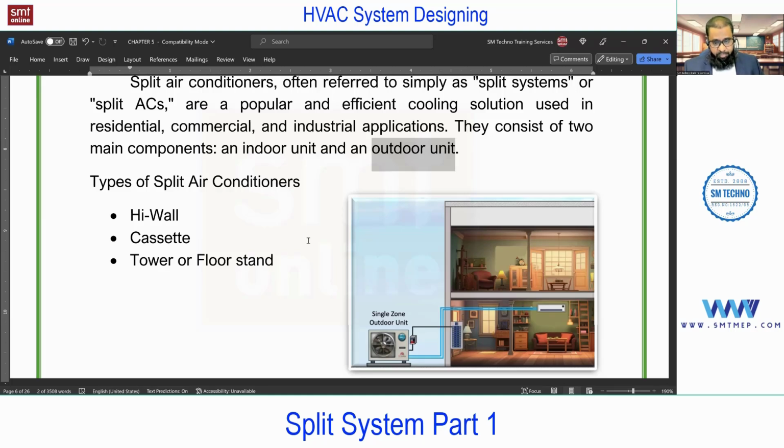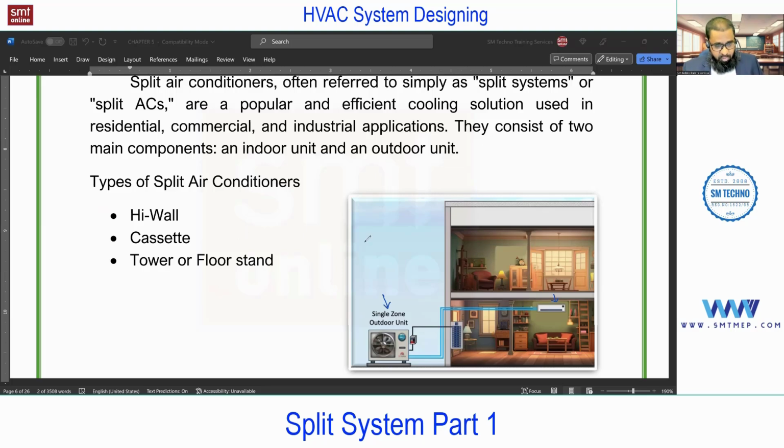If you talk about the 4 major components, compressor, condenser, and expansion you'll find in the outdoor unit, and in the indoor unit you'll find the evaporator. That is in the latest models; in old models, the expansion you'll find in the indoor unit. Why is the market now using the expansion in the outdoor unit? There is a reason we'll discuss. Let me just complete this theory part first.